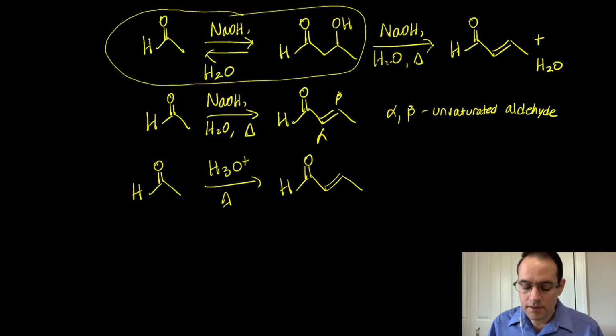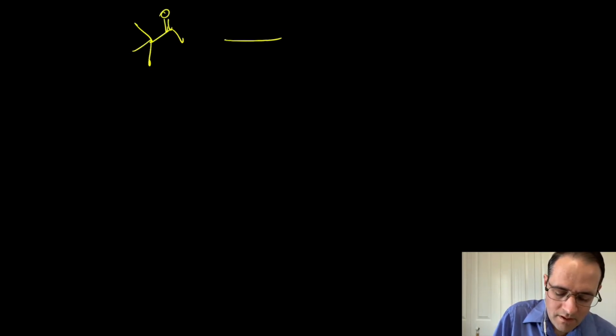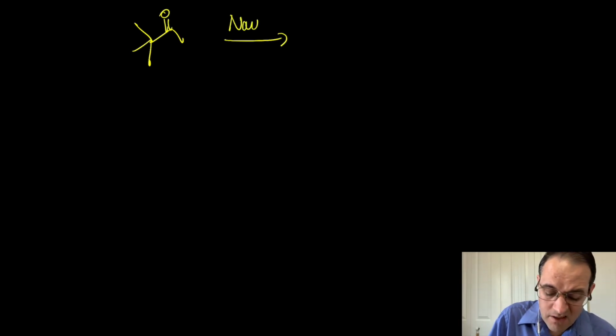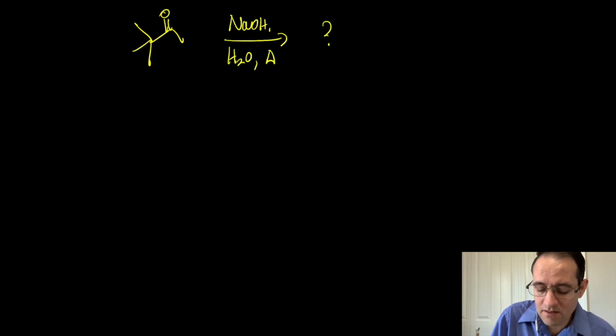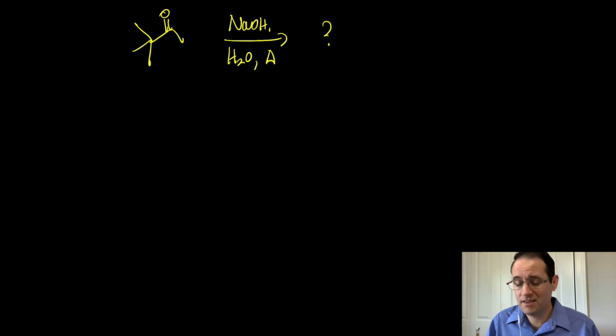Now, the book talks about how to figure this out. If you have a chemical reaction like this, and you're trying to figure out what it is going to form under sodium hydroxide, water, and heat, and you're trying to figure out what the products are, how do I draw these, okay?